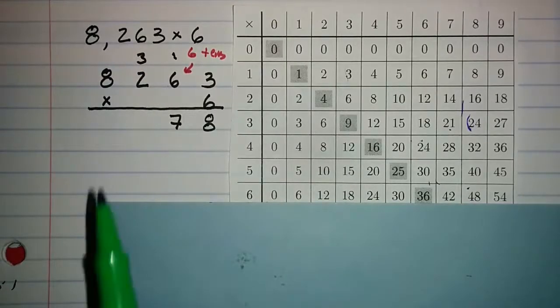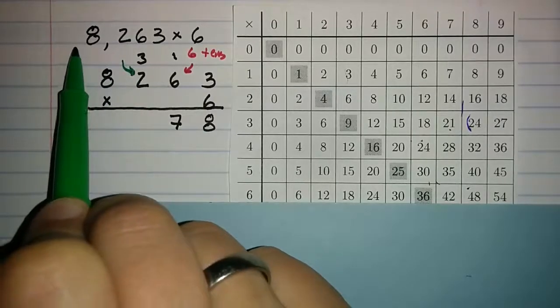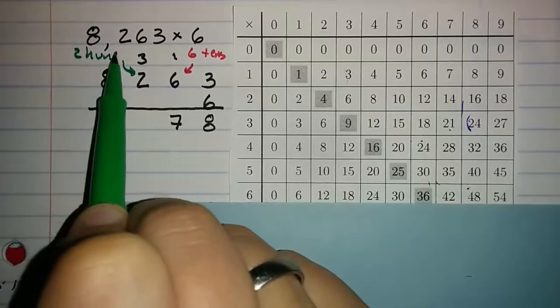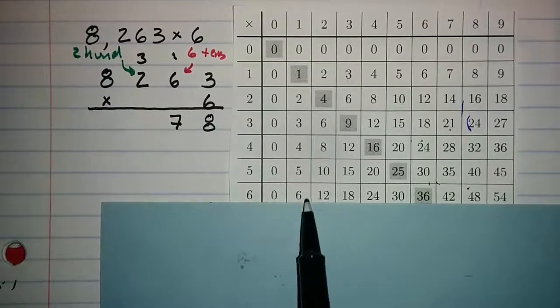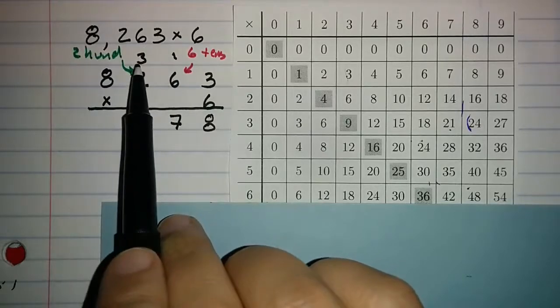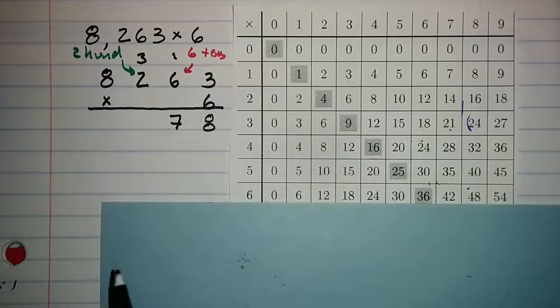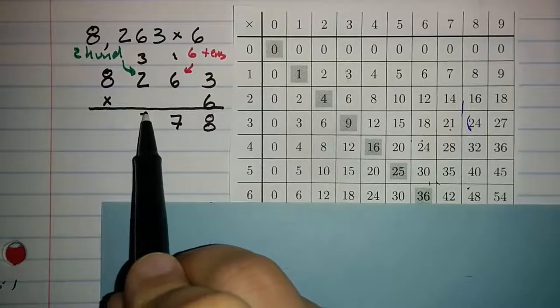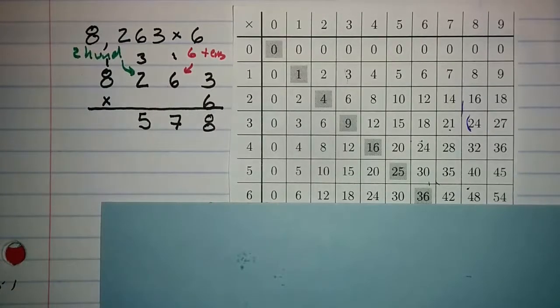Right. This 2 doesn't just represent 2, it's 2 hundreds. So when I say 6 times 2 is 12, that's 12 hundreds. Add in the 3 hundreds that I carried, that's 13, 14, 15 hundreds. 15 hundreds, that's 5 hundreds, carry 1 thousands.